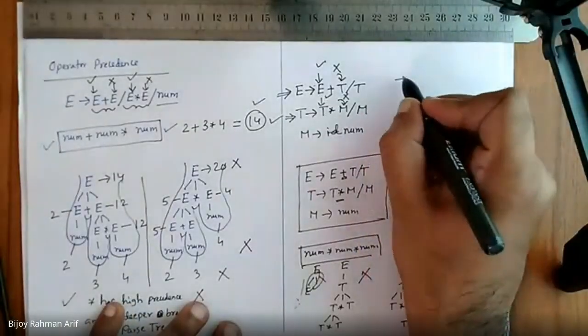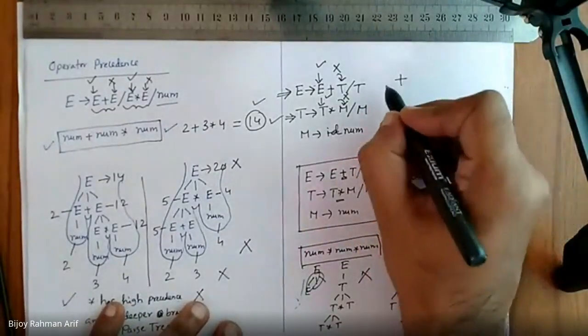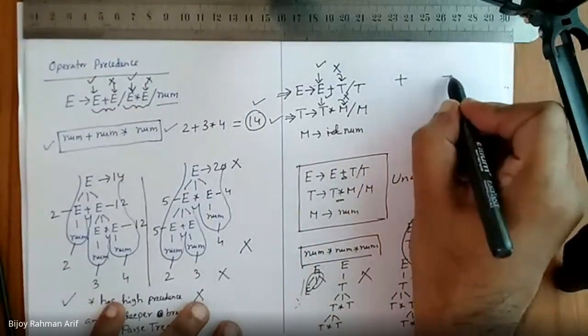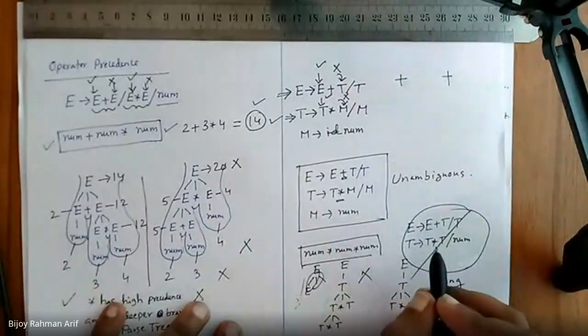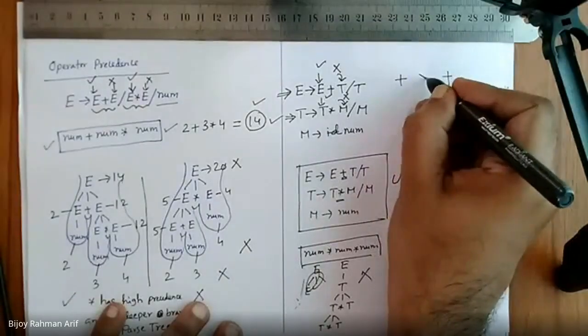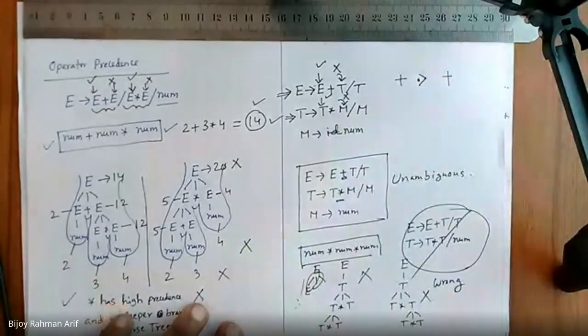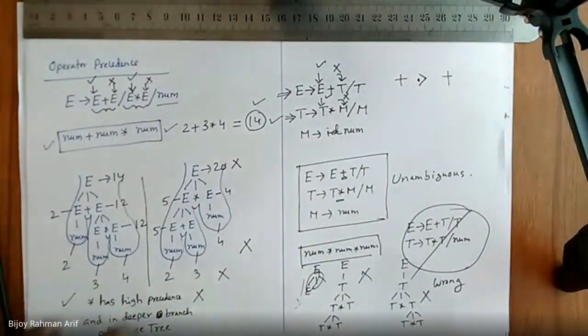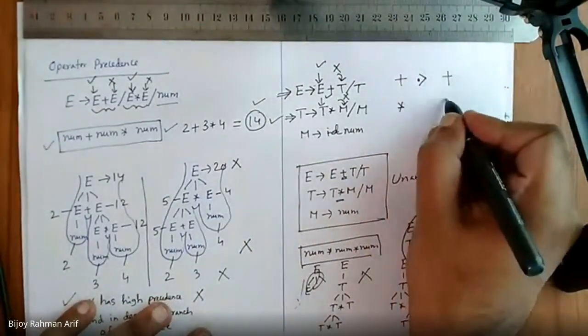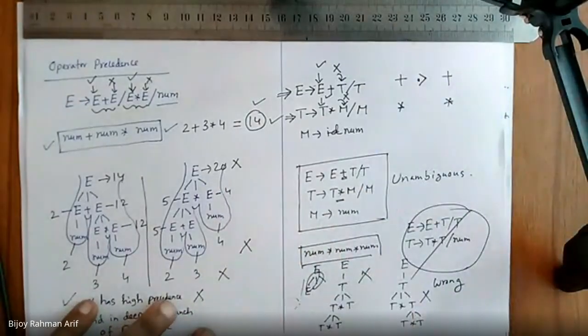Now tell me, what is the operator precedence here? If we have plus on the left and plus on the right, which one is higher? Left. So we denote it by a greater than and a dot symbol. Then star and star, left star and right star, which one has higher precedence?